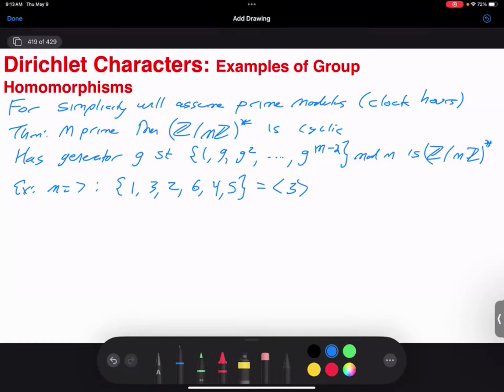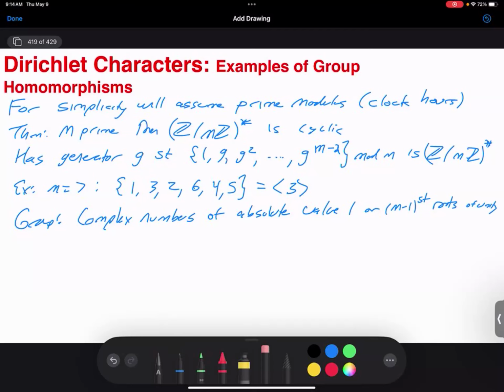And then what we're going to do is define group homomorphisms. So my group is going to be complex numbers of absolute value 1, or the M minus first roots of unity.